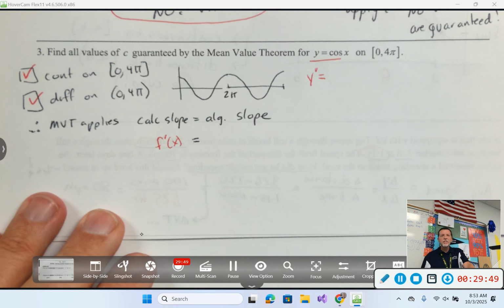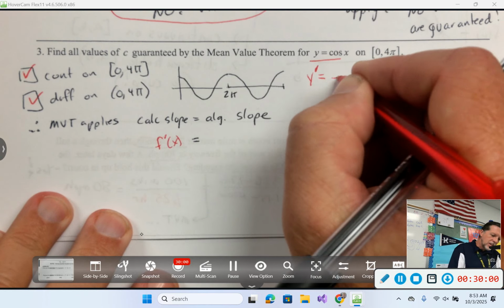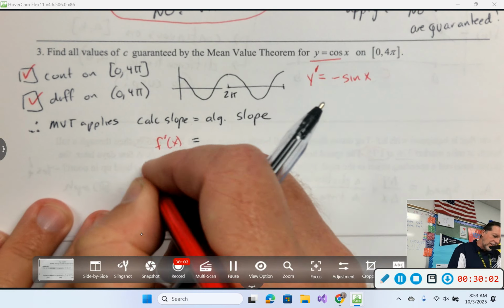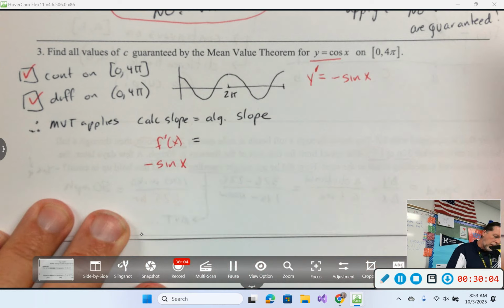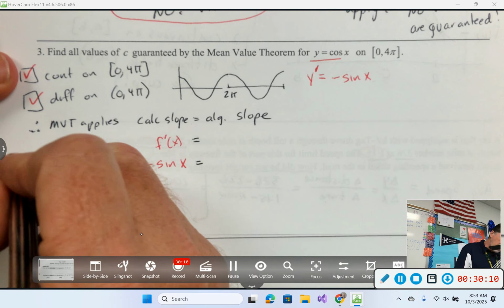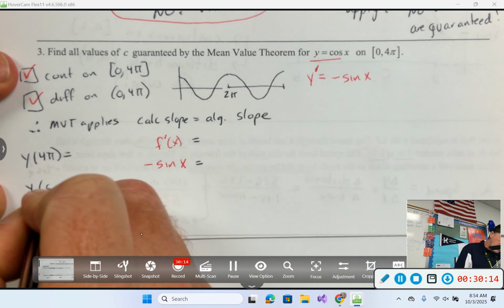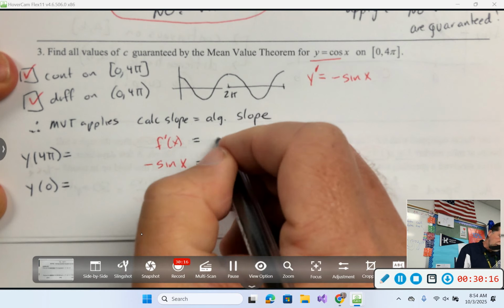What's the derivative of cosine? Guess I'm going out of order on this one, a different order than the last one. What's the derivative of cosine equal to? Negative sine of x. In my algebra slope, I'll need to do a little work over here. From 4 pi to 0.